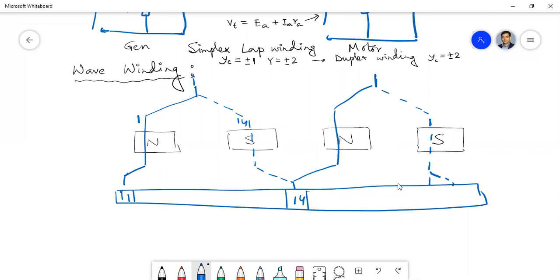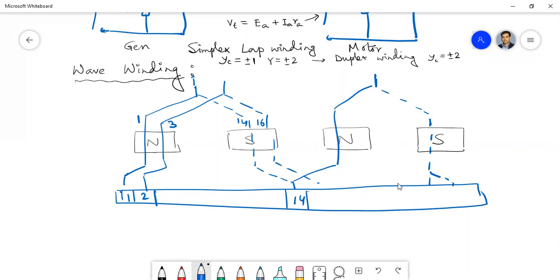The next coil will start from 2, and suppose this is your 3, that will be 16.